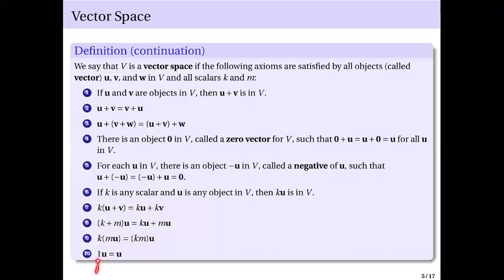You multiply it to U. You must only get U. So 1U is equal to U. So these are the 10 axioms that must be satisfied by this set V, a non-empty set, defined with binary operations, addition and scalar multiplication. And the objects in V, we will call them vectors.